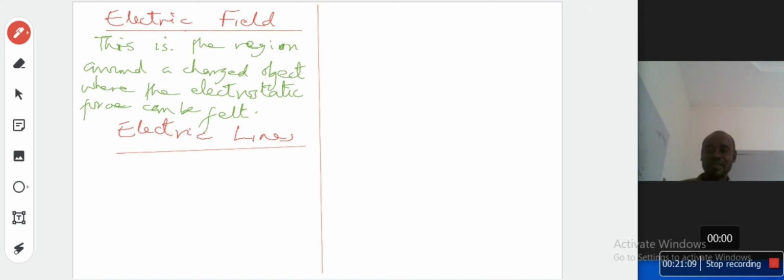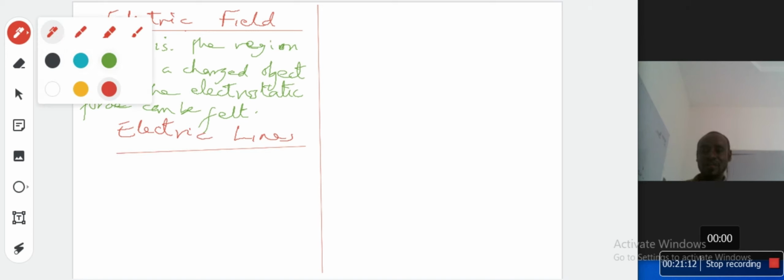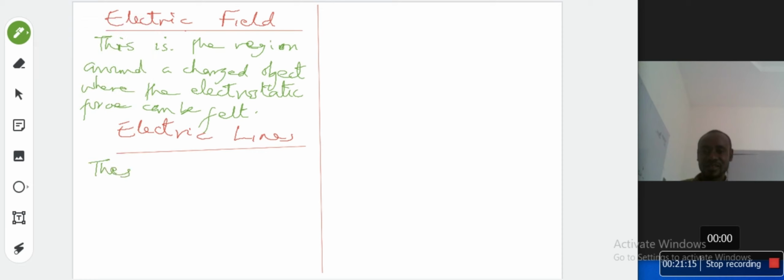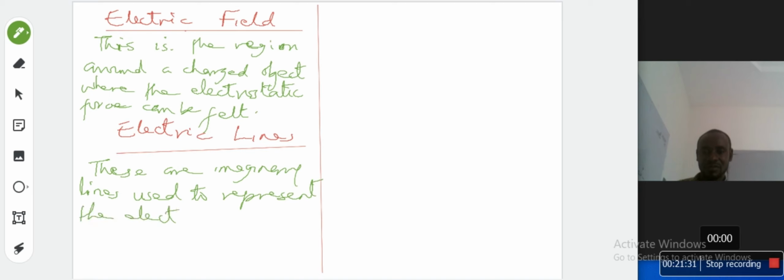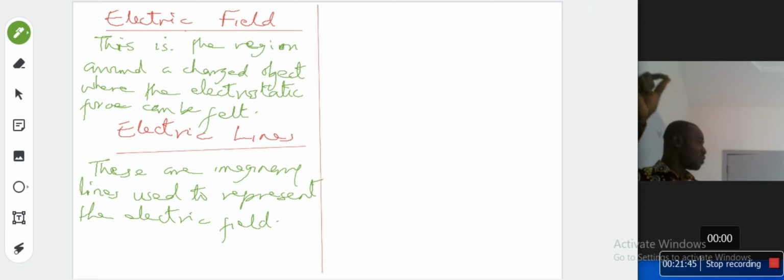So electric lines are imaginary lines used to represent the electric field, right? In magnetism, if you remember, magnetic lines of forces run from what pole to what pole? Oh, you do remember, from north to south.